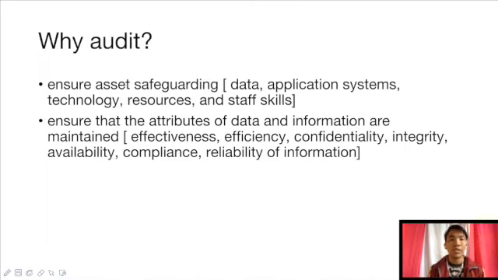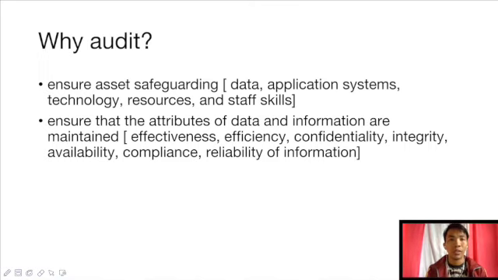Also, we perform auditing of information technology or information systems in our organization so that we are able to ensure that the 7 attributes of data and information are maintained.